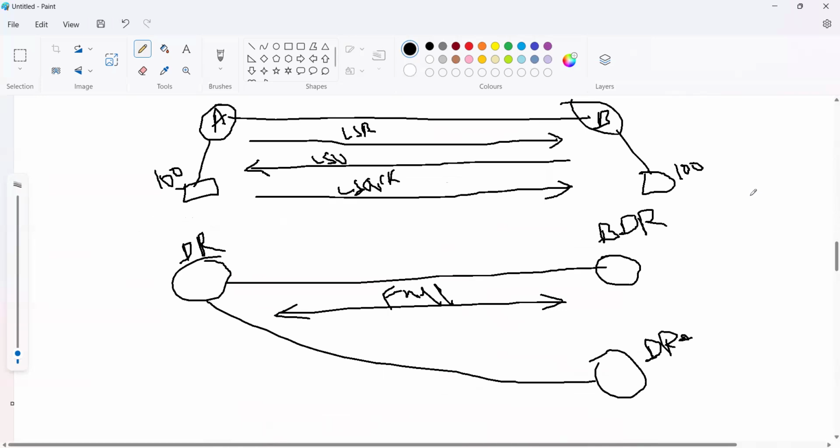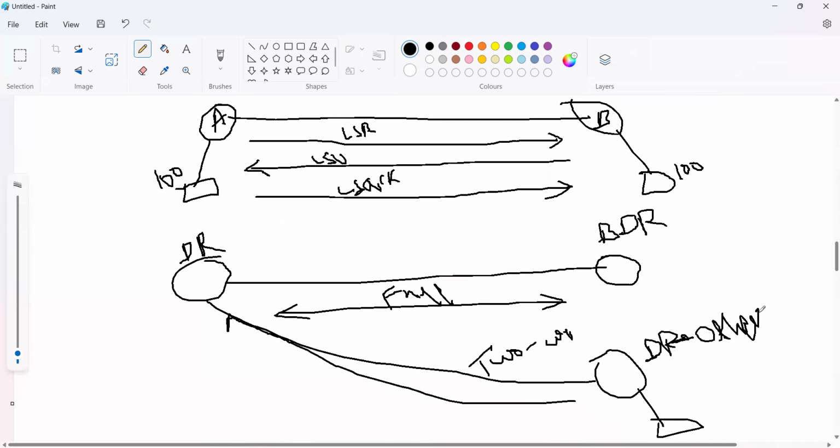Other means non-DR routers. So all these routers will be stuck in two-way state. Whichever prefixes they have, they will share with the DR router. DR router only, master router only shares whichever routers are needed.